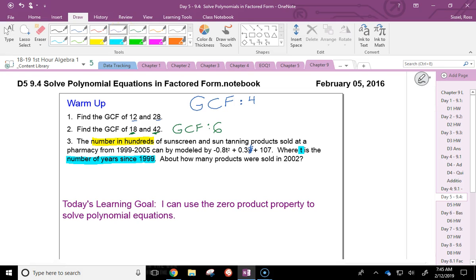When we solve this one, we first will set up our equation. Negative 0.8 times t squared. Well, t is since 1999, so in 2002, that would be 3 years. So 3 squared plus 0.3 times 3, because t was 3, plus 107.